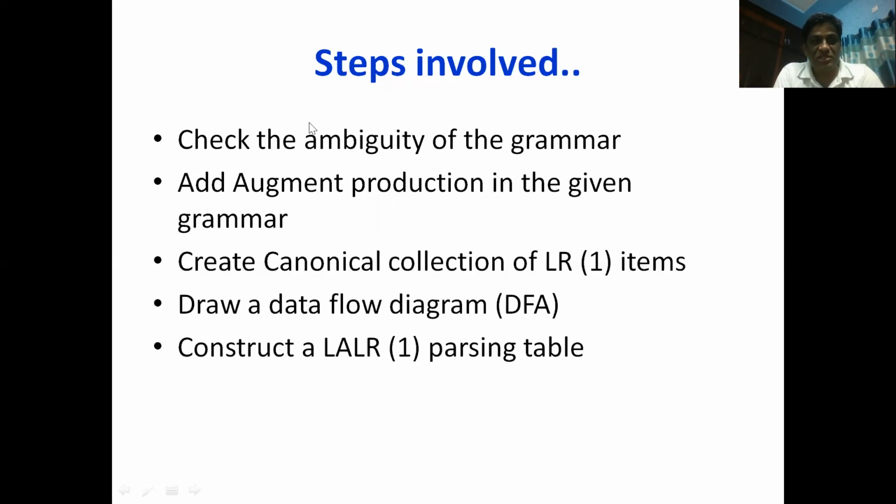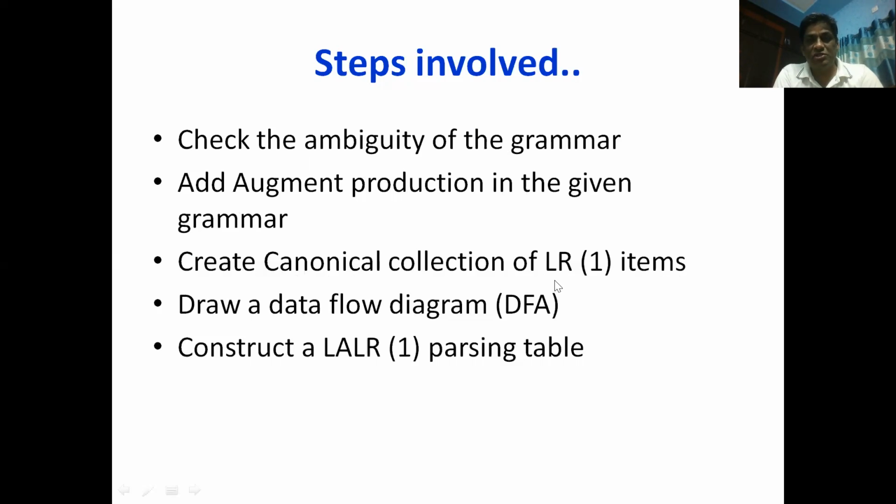These are the same steps used in CLR parser also, starting with checking the ambiguity of the grammar. If at all any ambiguity is there, eliminate the ambiguity of the grammar. Then add an augment production to the given grammar and find the canonical collection of LR(1) items. Till this point, it is same as CLR parser.